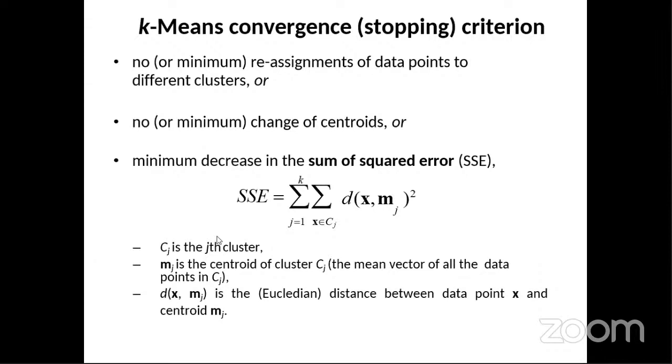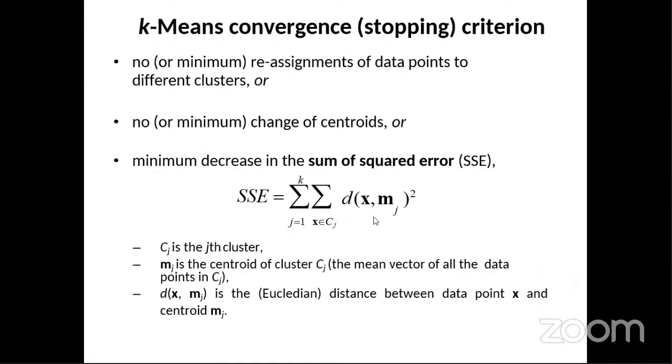So if we are able to identify the distance, and if this distance has the minimum decrease, right, so there is the least decrease in the sum of squared error. It's the distance between any given node X and the centroid of that cluster.